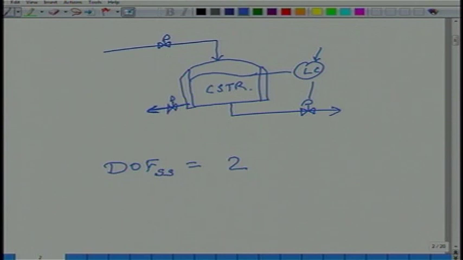What happens to the residence time? Let us say you are operating at 50% level versus 80% level. Your residence time changes, so conversion changes, so what is going out changes. The steady state is affected by it. Yes or no?